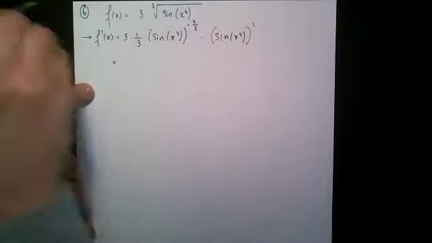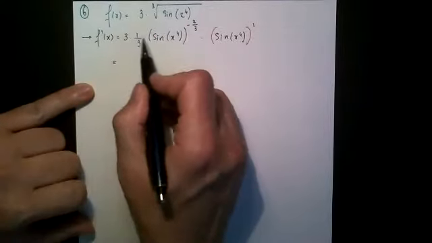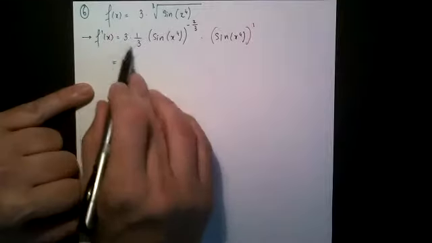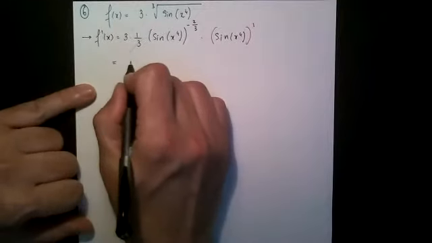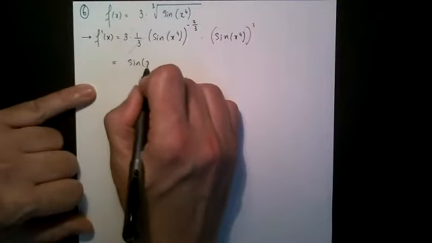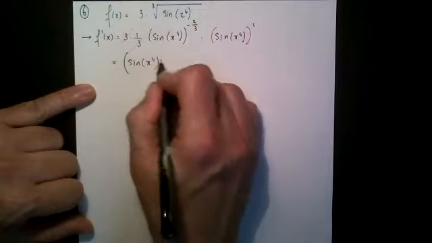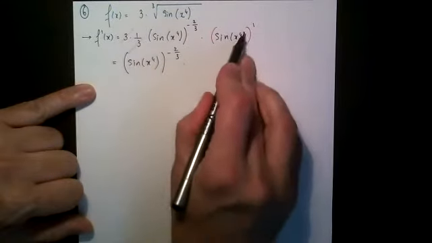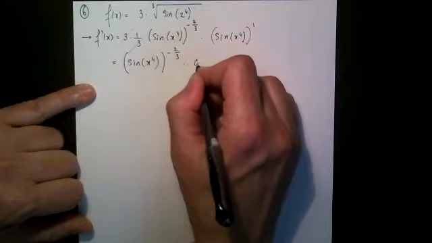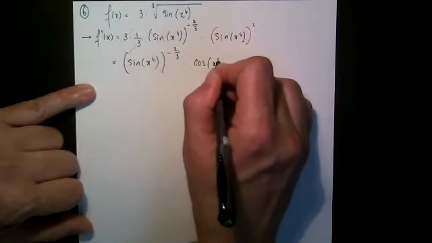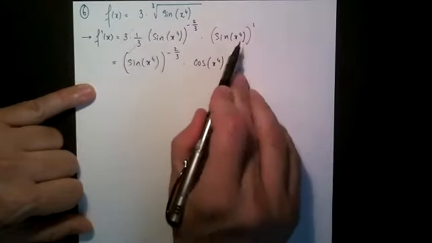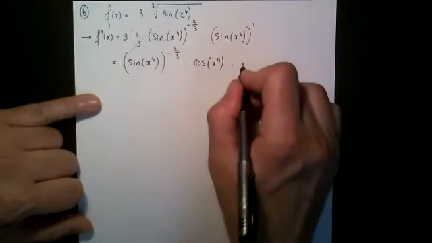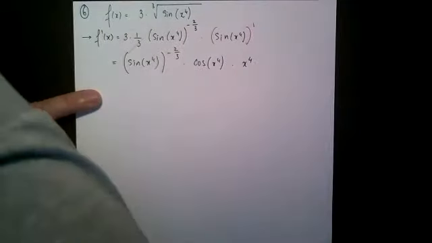So let's go. I'm just going to simplify these two. I don't need to write them. 3 times 1/3 is out. So it's sine of x^4, all this to the power of -2/3, and then the derivative of this. The derivative of sine is cosine. So it's going to be cos of x^4 times the derivative of what's inside the sine, so the derivative of x^4.